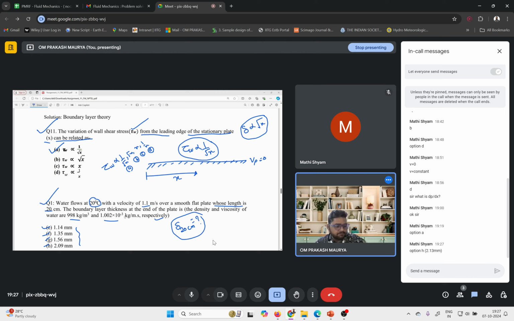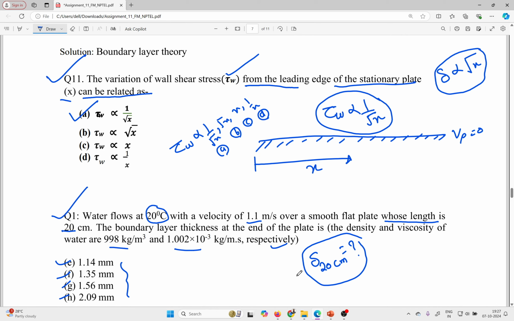Okay, let me discuss question number 12 here. We need to calculate the boundary layer thickness. You know the two formulas: delta by x equals 5 by root Re, which is for laminar flow.